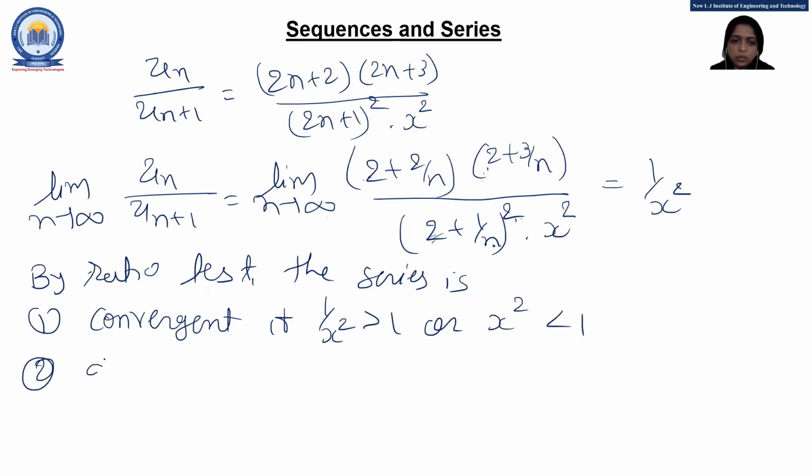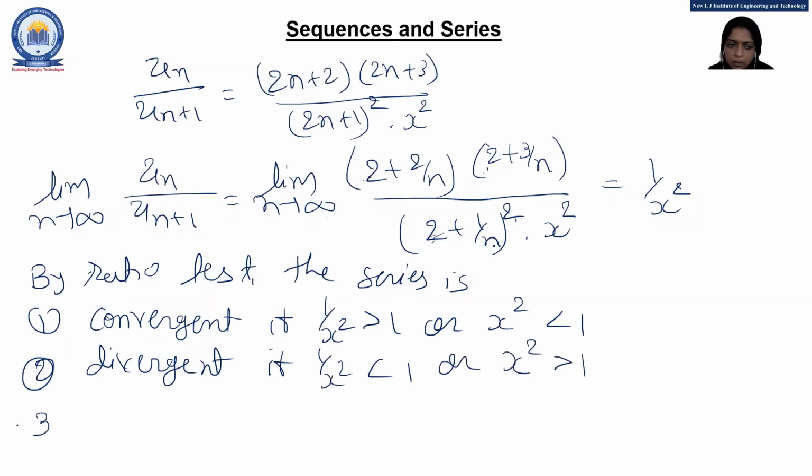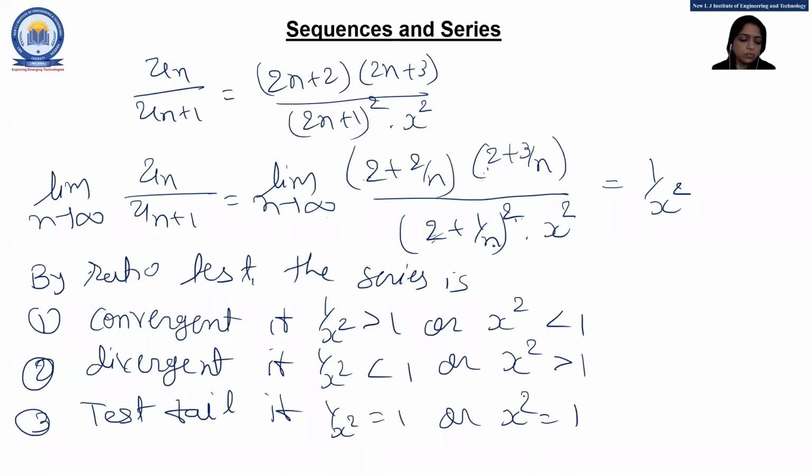Number 2, the series is divergent if 1 upon x square is less than 1, or x square is greater than 1. And number 3, the ratio test fails if 1 upon x square is equal to 1, or we can say x square equal to 1.